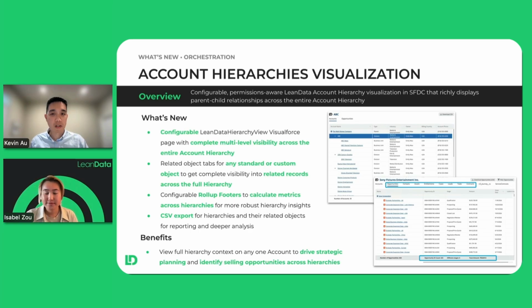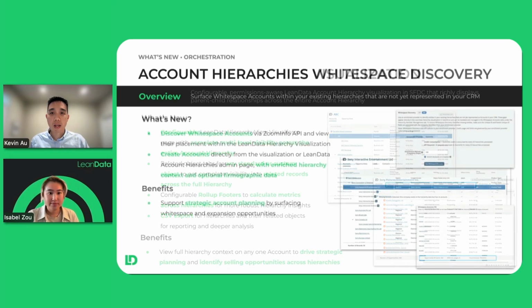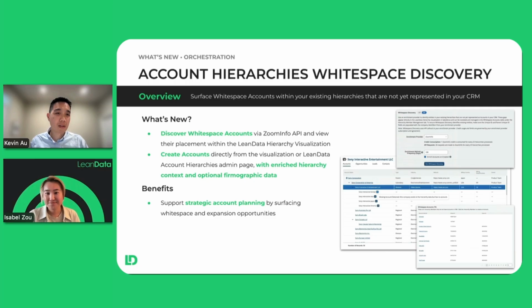Great. Awesome. Okay. Now, question: what about the accounts that are not yet in your Salesforce system? What do you do about those? Right. So as a part of that, we do address that with our whitespace discovery functionality. This is something that you can use to surface whitespace entities that actually are part of your hierarchies, but they aren't necessarily represented in your CRM as an account.